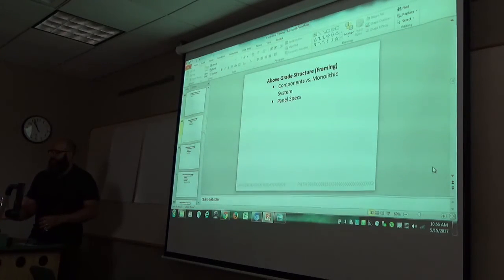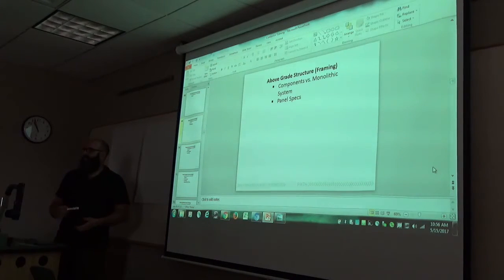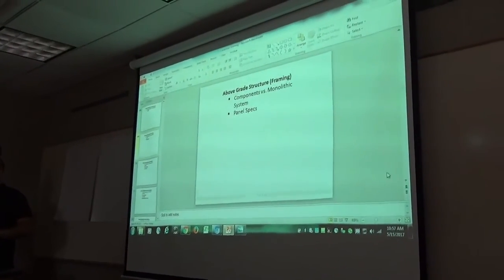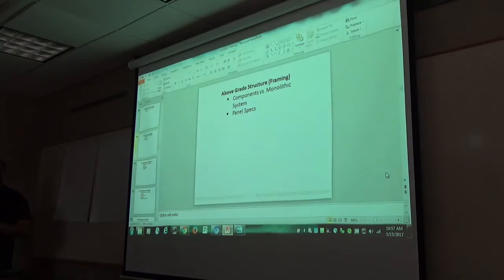So we'll jump over to the panels and the idea of where the panel comes from and what the panel is. As you guys know, it's OSB, oriented strand board. The panel idea came from Pat and Tom looking at OSB and how it's made.